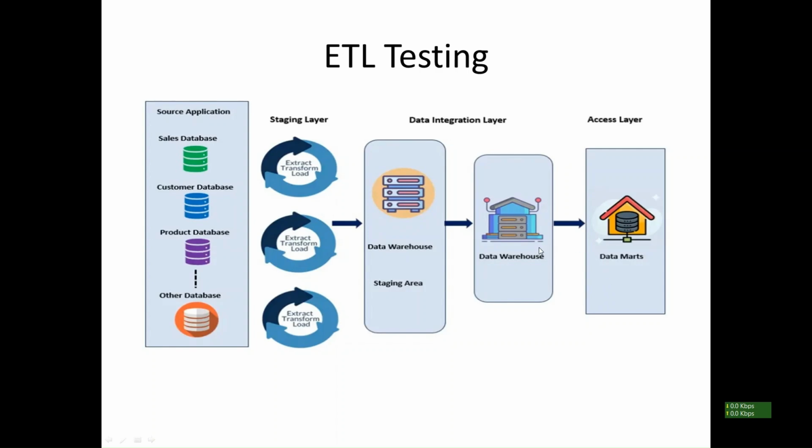From the data warehouse, the data is extracted to data marts, so that for a particular operation or business it can be accessed. So this is the flow of ETL testing.